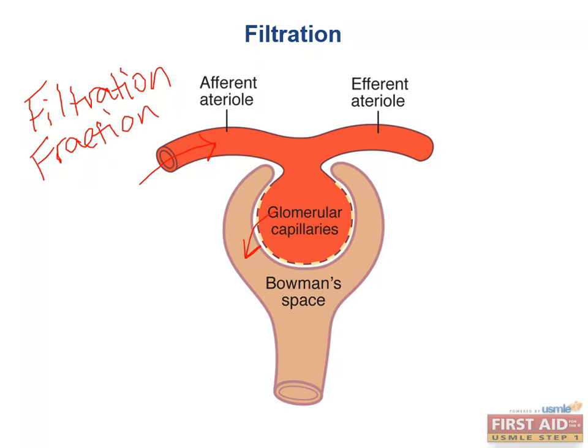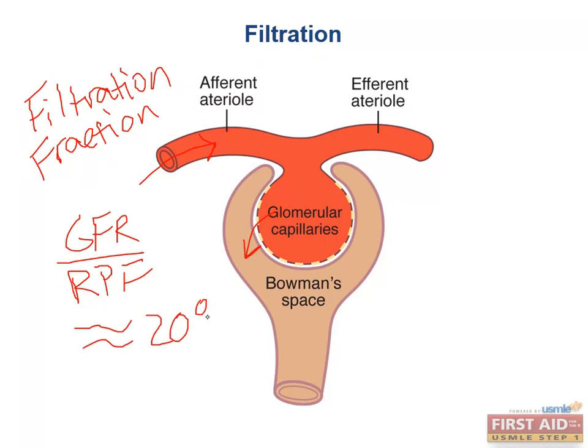And that is called the filtration fraction. So it's calculated by dividing the GFR by the RPF. And it's normally about 20%.